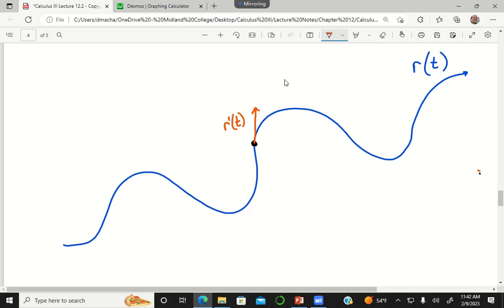Whenever we talk about the derivative, the r prime of t derivative, the geometric interpretation is that it is a vector that is tangent to the parametric curve. Okay? So we say that r prime of t is a vector tangent to the parametric curve.